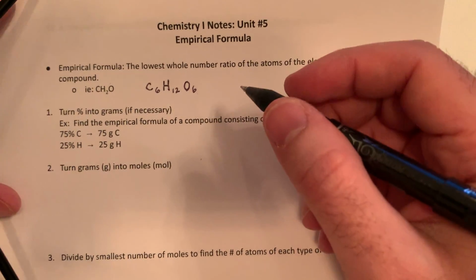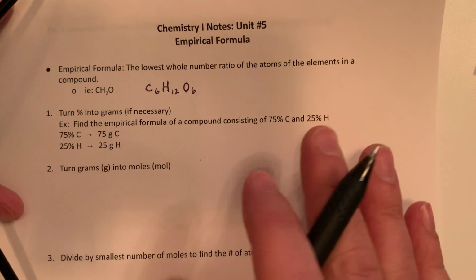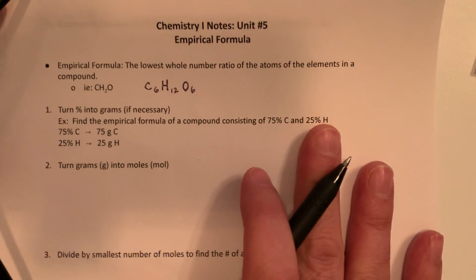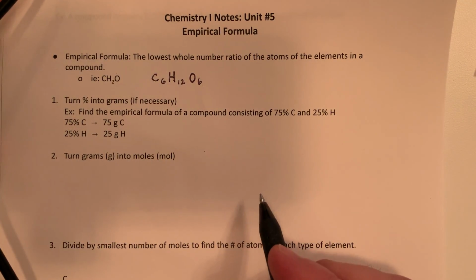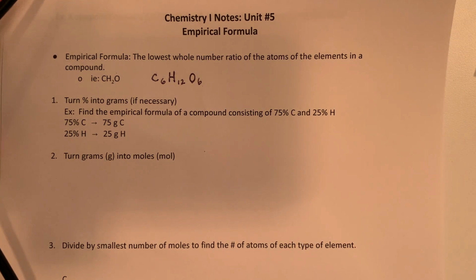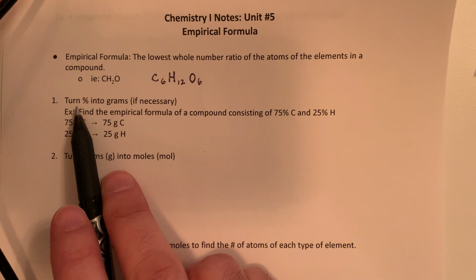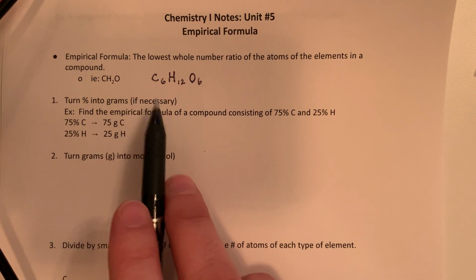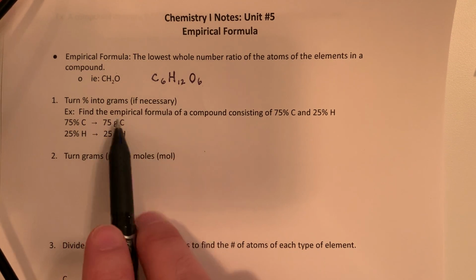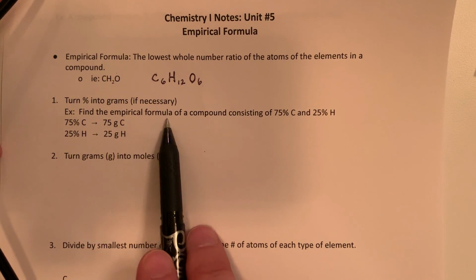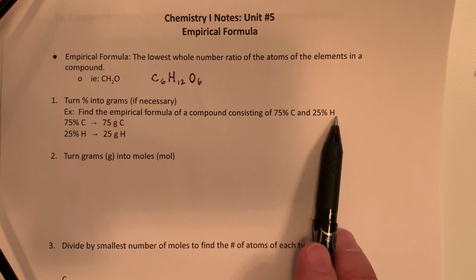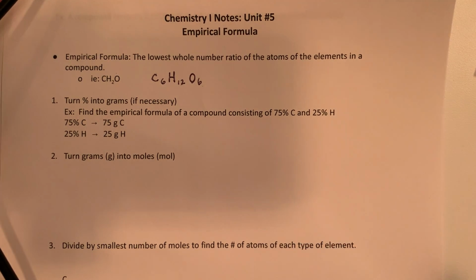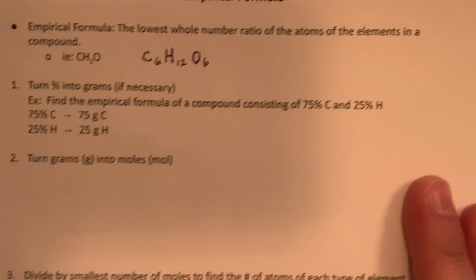All right, so what we're gonna be doing today is actually figuring out how to calculate or find the empirical formula given certain information, okay? So the first thing to do here is turn percentages into grams if necessary. So for example, find the empirical formula of a compound consisting of 75% carbon and 25% hydrogen. So, zoom over there, okay.